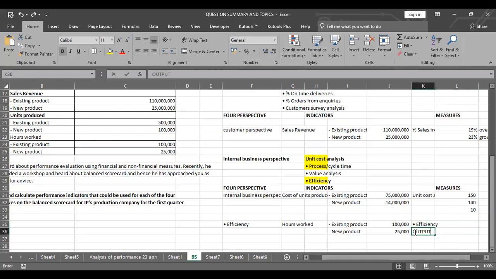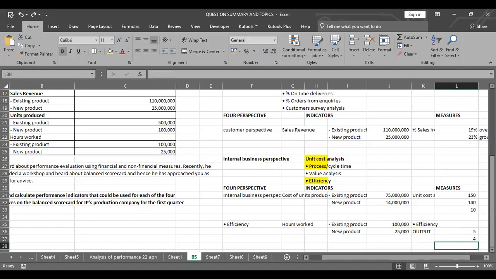Output meaning how many units are produced in terms of hours, which could take this and divide by the number of hours in terms of existing for that scenario, which gives this. I think I should have put, that is the output. And similarly for the new one, I could pick how many units are being produced, take this and divide by that.